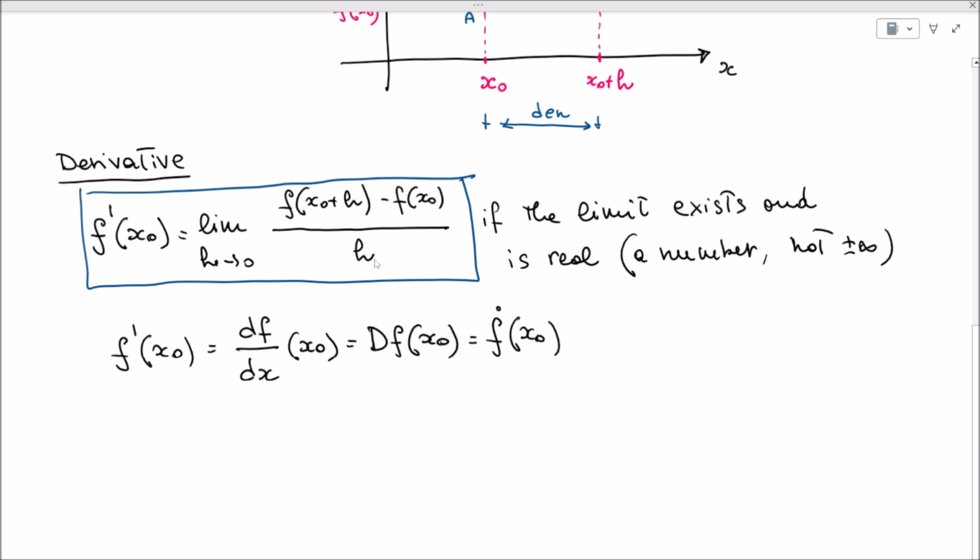Now we want to put in relation the derivative with the equation of the tangent. So let's write the equation of the tangent.